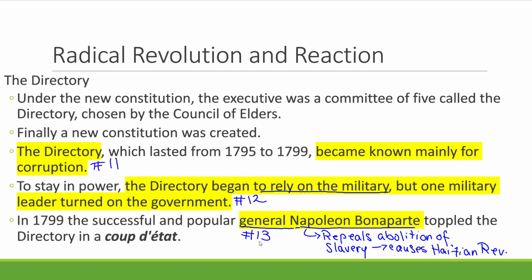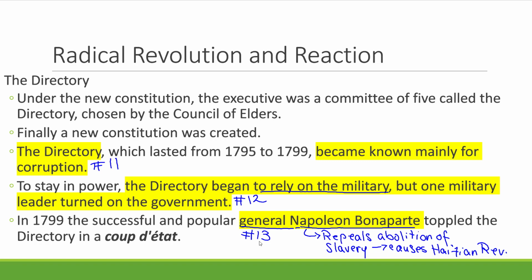In order to stay in power, they relied a lot on the military, but only one of them turned on the government itself. So they were using military force in order to stay in power, and also they were using a lot of governmental money to do what they personally wanted to do, right?